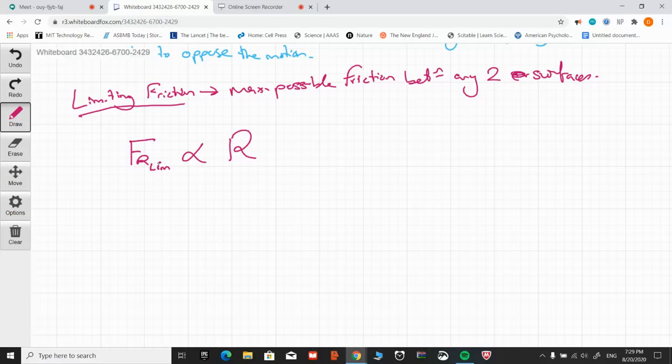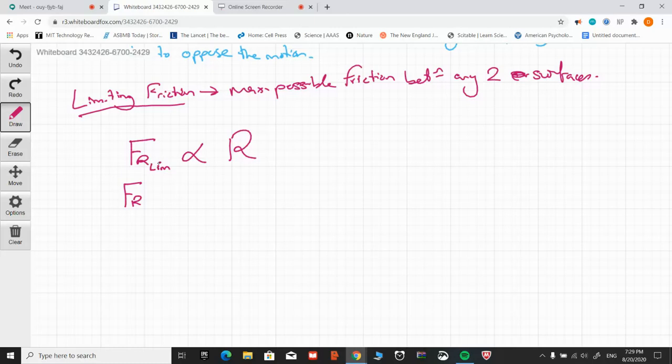So greater the normal contact force between the surfaces, greater the limiting friction. And that should give you the idea that heavier surfaces are more difficult to move, not only because of inertia, but also because the heavier the surface, more the value of normal contact force, and thus greater the value of limiting friction.